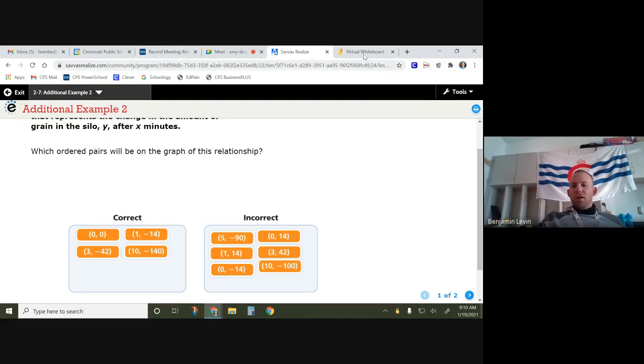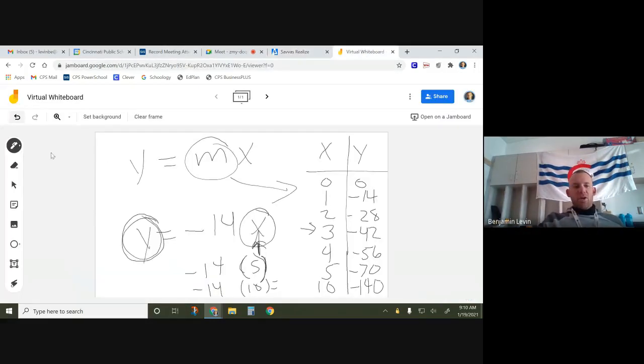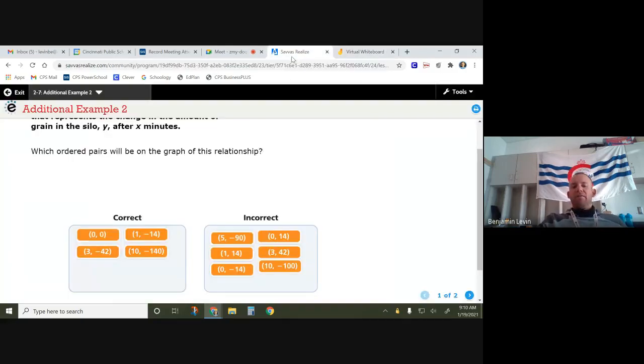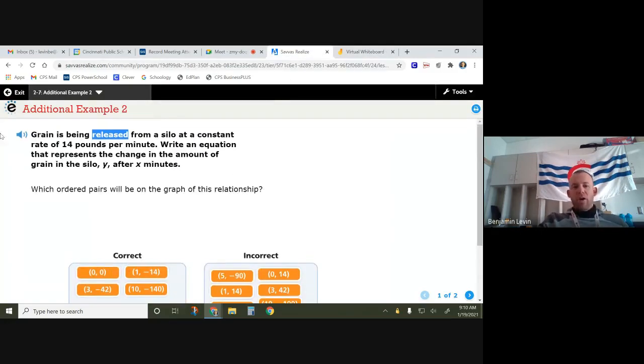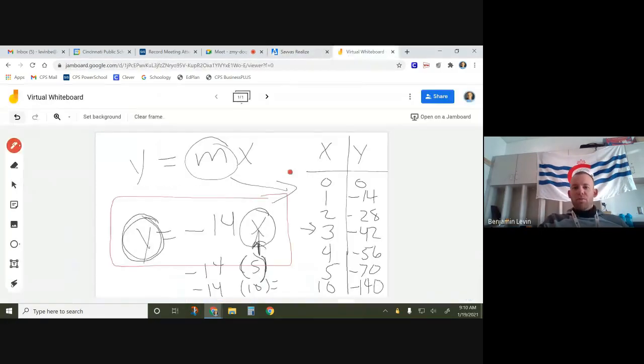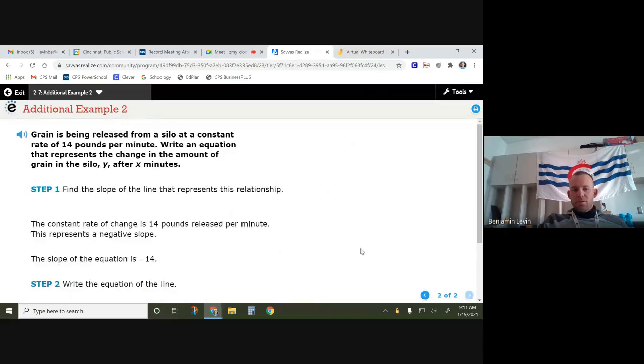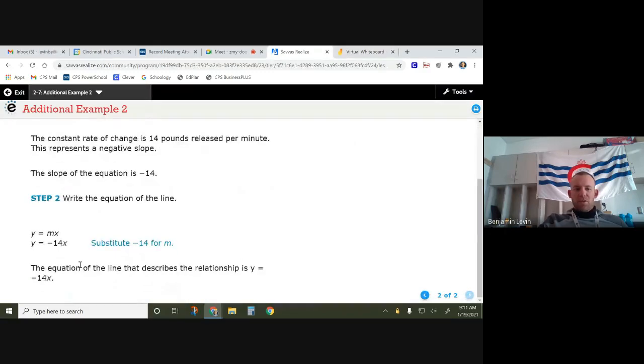But the biggest thing is, here's your equation for the line in y equals mx. That is your equation. If you wanted to graph this scenario, the equation would be y equals negative 14 times x. And that's what they got. That's what we got.